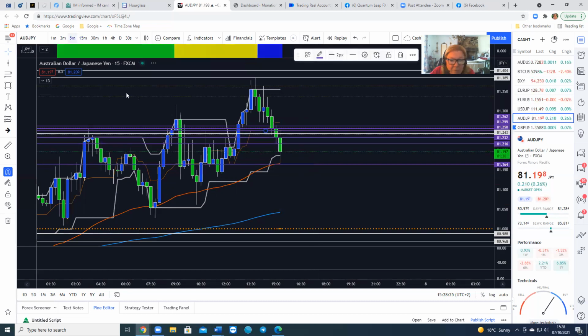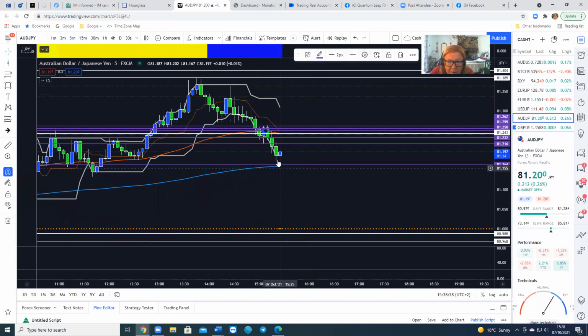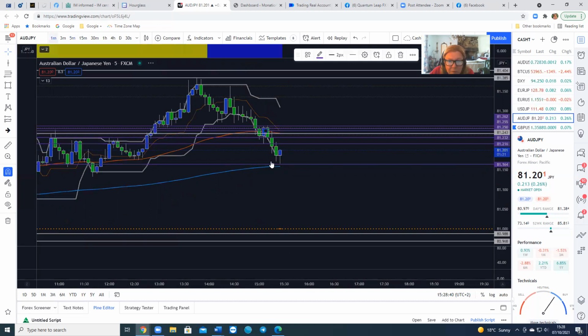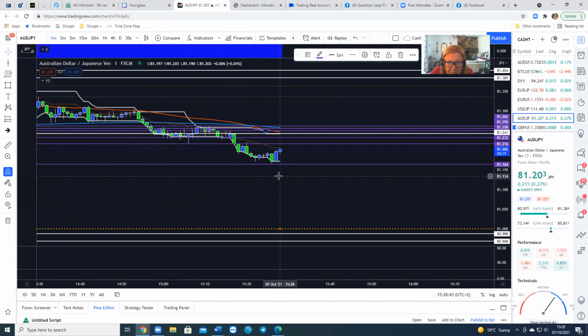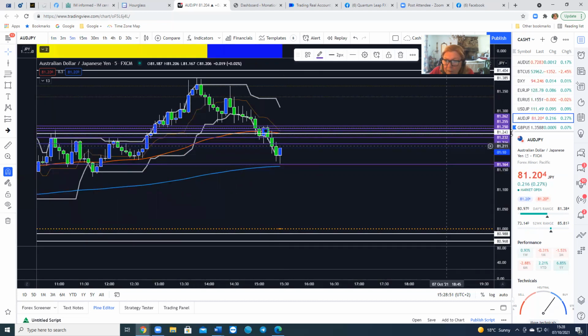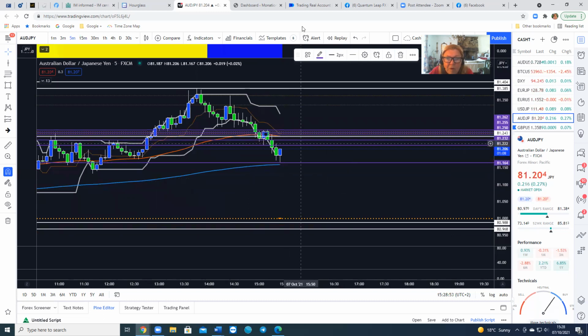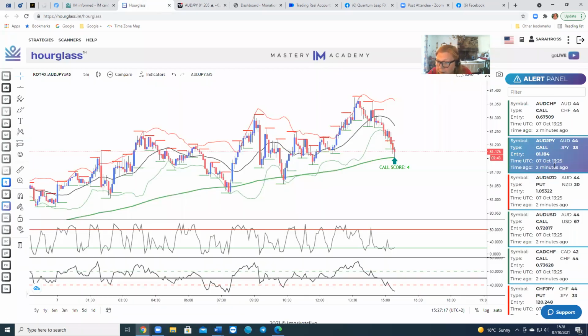Come down to the 5 minute, which is where we trade, and we can see it's already made a little move. We only want to take calls, so unless it does a retrace, I don't really want to take that. So it moved at 26. Again, things could just be moving slightly differently because of non-farm payroll. So let's come and look at something else.